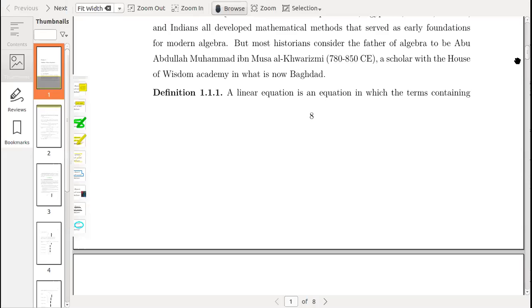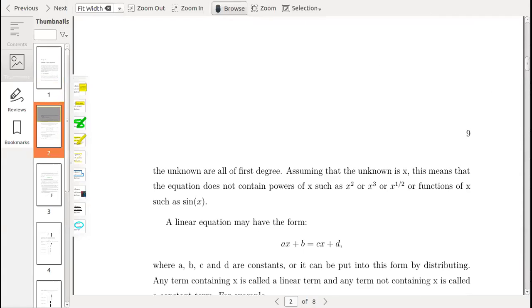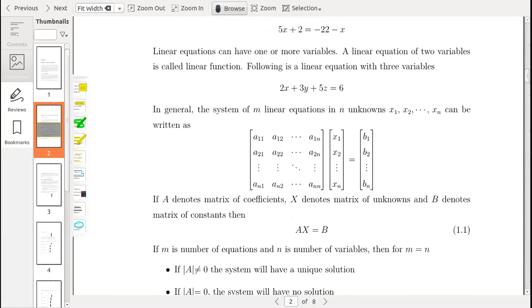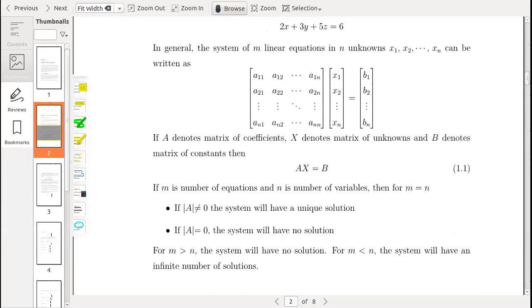And if we increase the degree of the nonlinear equation, the curve will be more bent, because the curvature of the curve will increase. So a simple definition of a linear equation is that the power of the variable involved must be 1, and a linear equation could have many variables: 1, 2, 3, 4. And the system of linear equations can also be written with the help of matrices like this one.